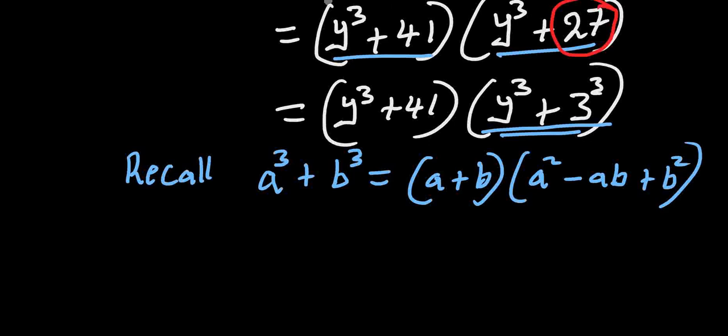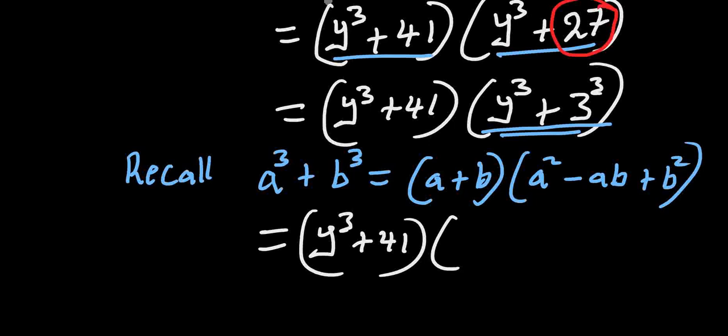So this will be equal to y to the third power plus 41, and then we have y to the third power plus 3 to the third power. So automatically this will become y plus 3, because if you follow this pattern, a to the third power plus b to the third power, first you are going to have a plus b.